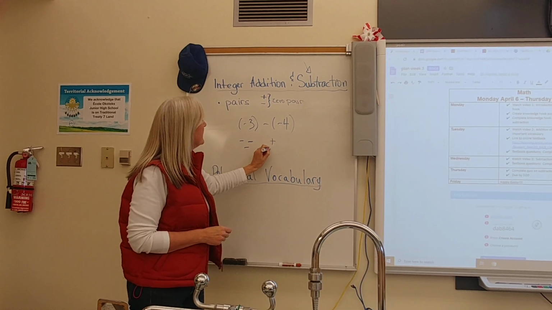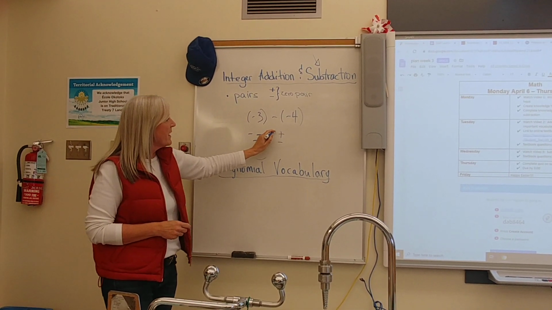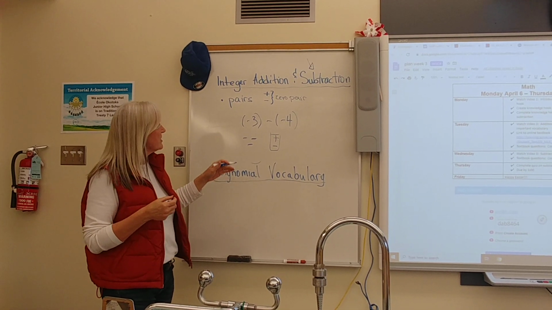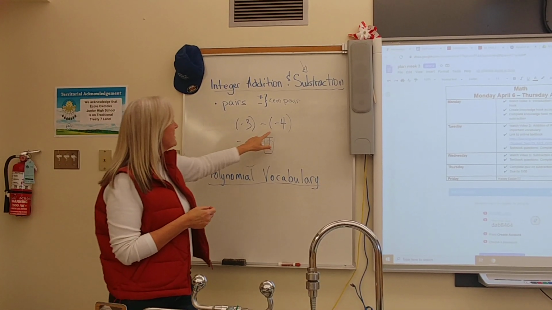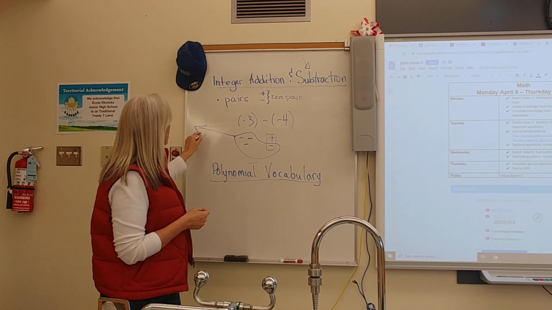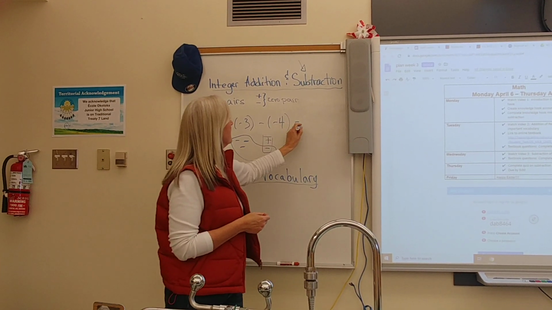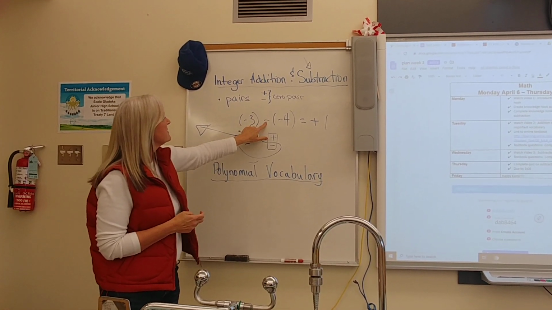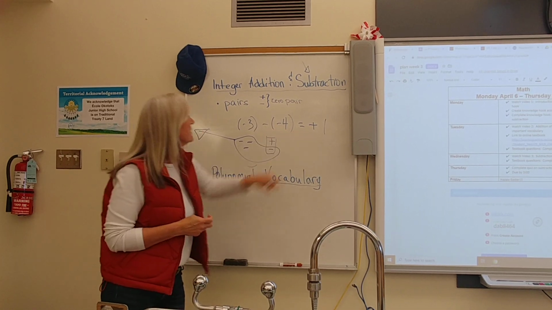I'm going to put in this zero pair because it has a value of 0. I'm not changing anything of my equation. It now lets me take away my negative 4. There they go. What am I left with? Positive 1. Negative 3, take away negative 4 is positive 1.